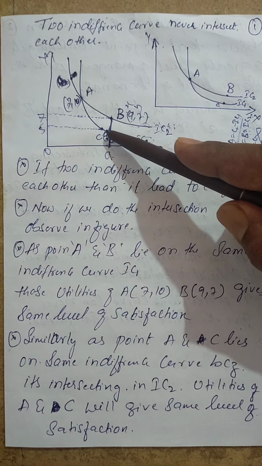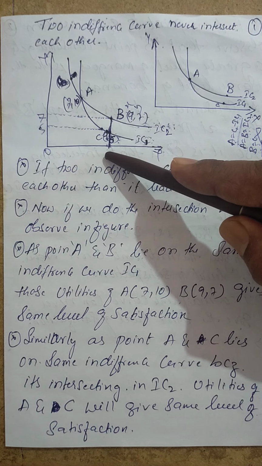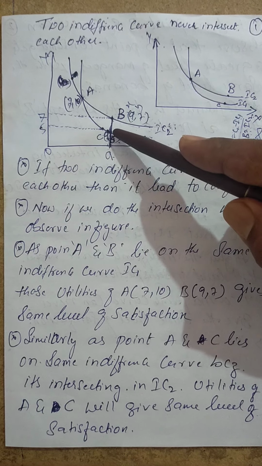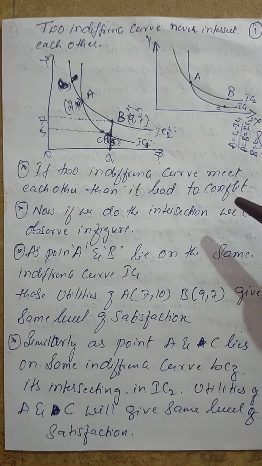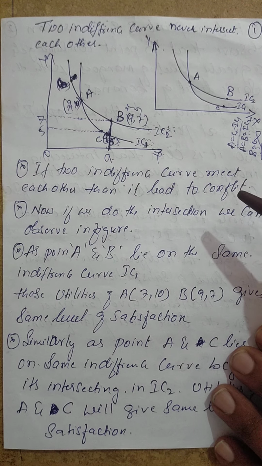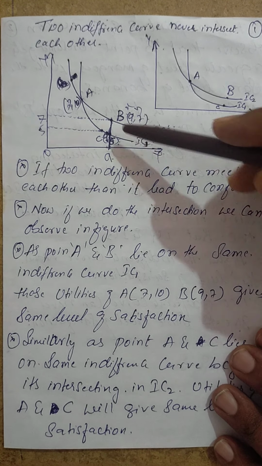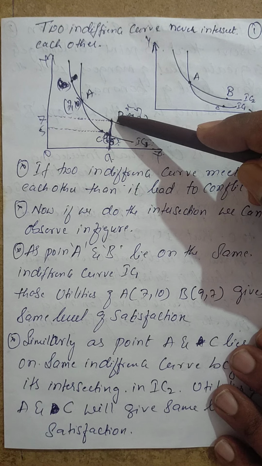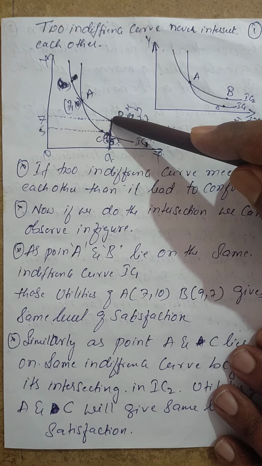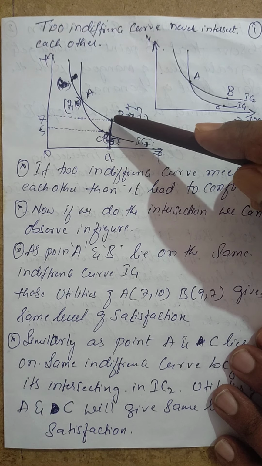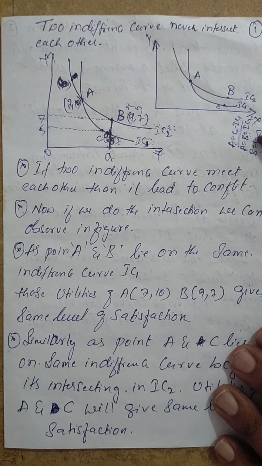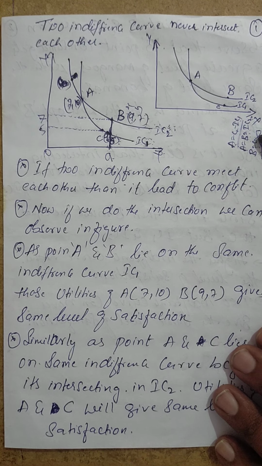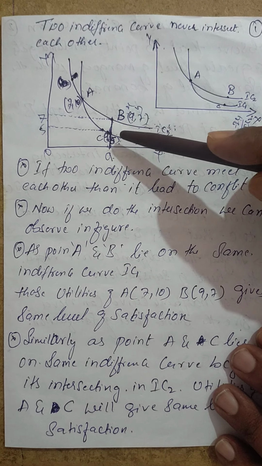What about C? This also has 9 amount of X1, but 5 amount of X2. So which is bigger, C or B? It is very clear that point B, where indifference curve IC2 lies, is greater than C. That means this cannot take place, both are not equal. This is higher than this.